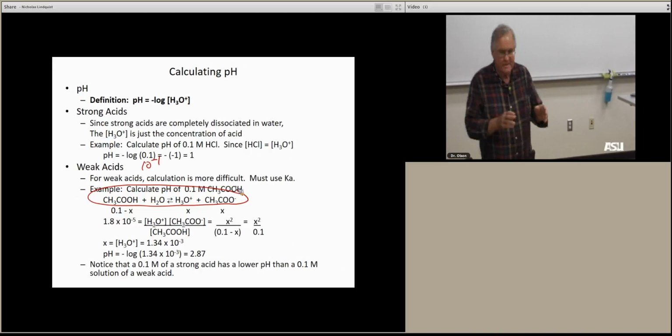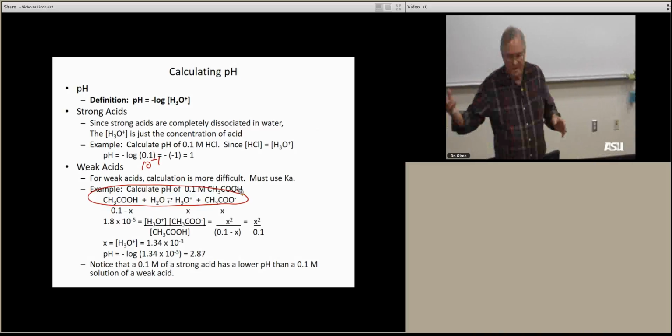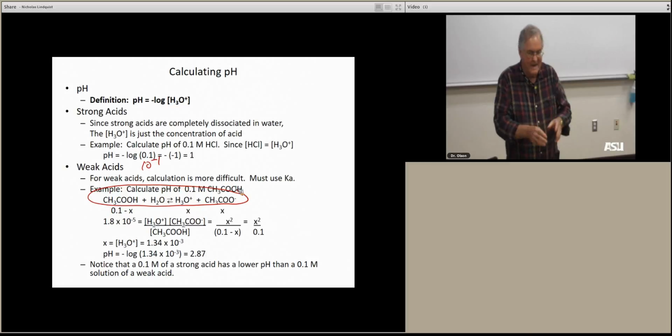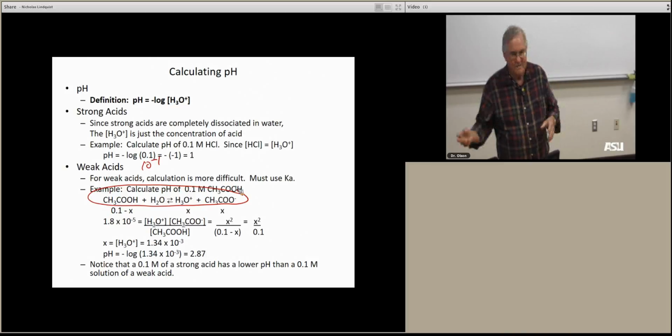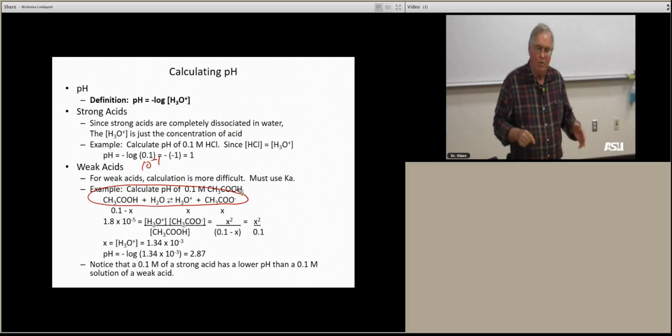Some of that acetic acid has lost a proton. How much? How many protons did we produce? We produced X. So the amount of acetic acid left at equilibrium is what we started with, 0.1 minus X, the amount that reacted. So the concentration of acetic acid at equilibrium is going to be 0.1 minus X.